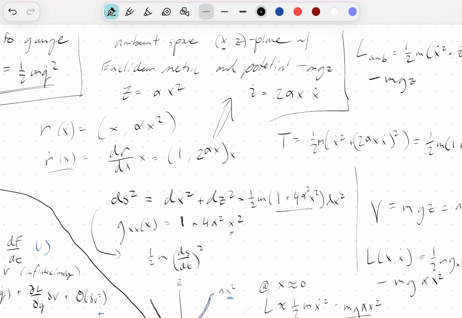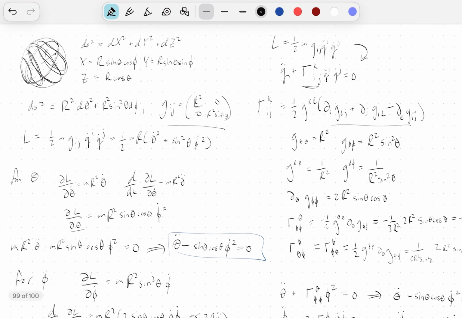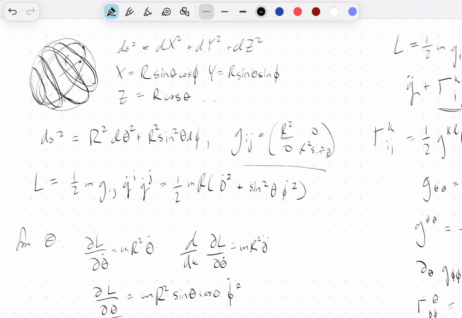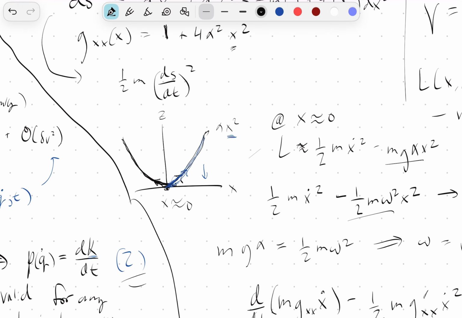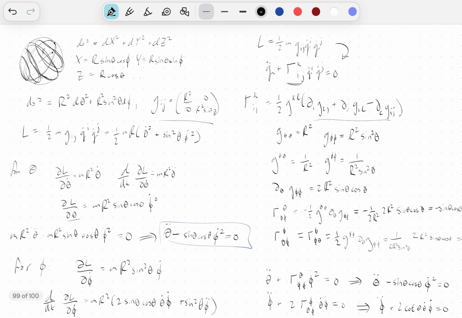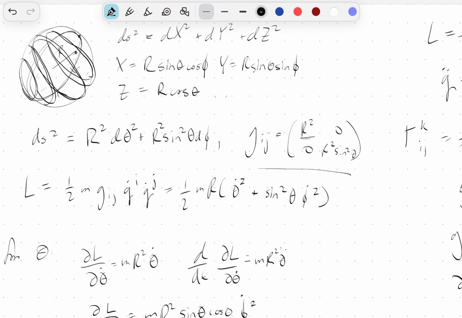But then we played around with constraint surfaces, first of all going with just constrained one-dimensional lines in an ambient space, and then the ambient space here would be R3, but our constraints here would be the surface of the sphere.